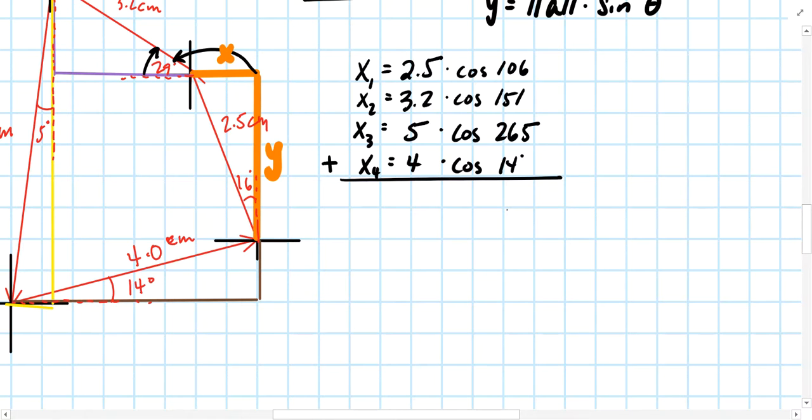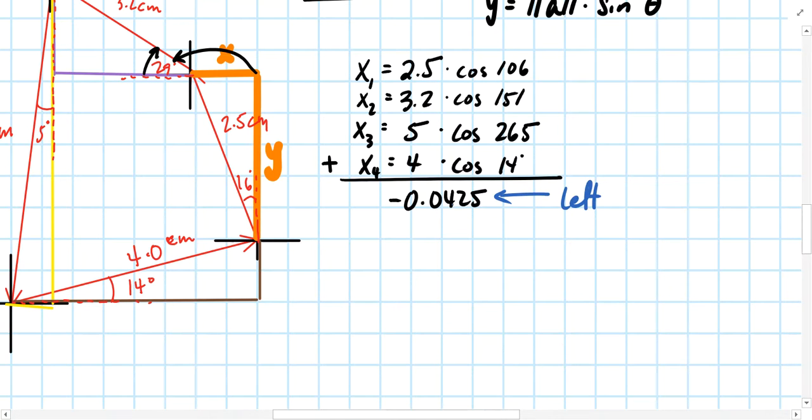Well, what do we get when we add these up? Well, unfortunately, this adds to negative 0.0425, and I'm showing 4 decimals here just so that you can see the result. I'm not paying close attention to significant figures. So since this end result is not 0, it is leftward of our target by 0.04 centimeters.